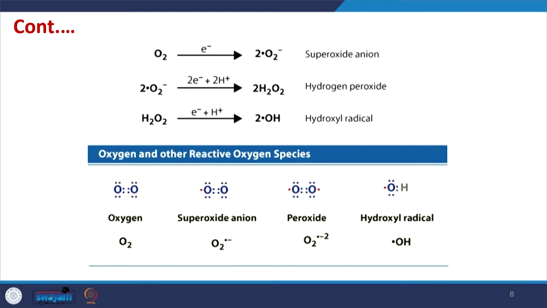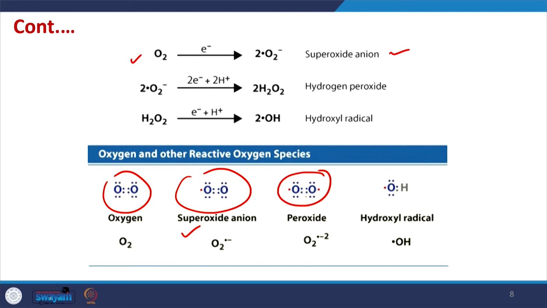Now, we can see here how these reactive oxygen species are getting generated. So, we have oxygen whose valency is full, but superoxide may get formed via this reaction, and we see here one electron is missing. Now, peroxide, which is another reactive oxygen species, has 2 electrons missing.